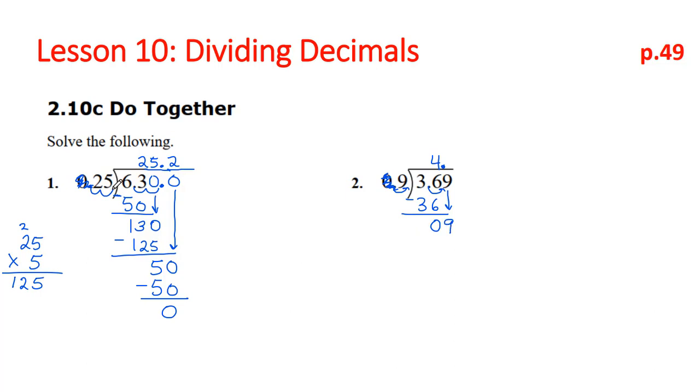And we bring down this 9. 9 goes into 9 once. 1 times 9 is 9. We subtract and we have a 0 remainder, which is exactly what we want. So 3.69 divided by 0.9 is equal to 4.1.